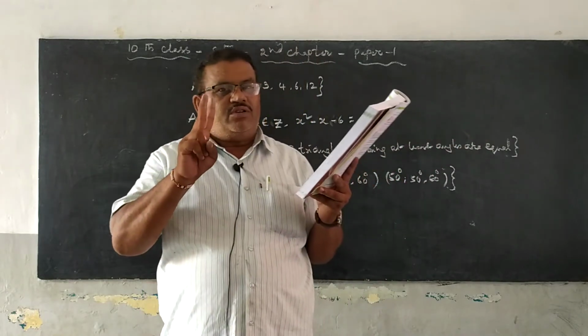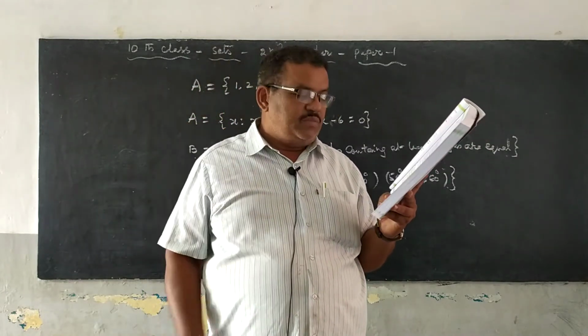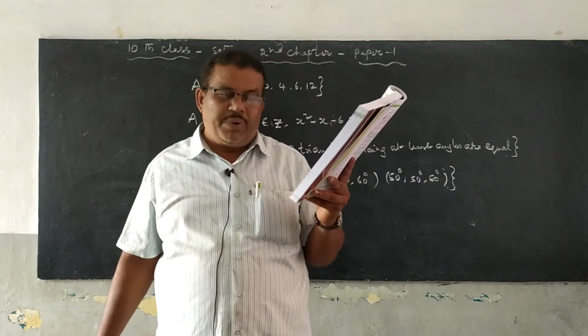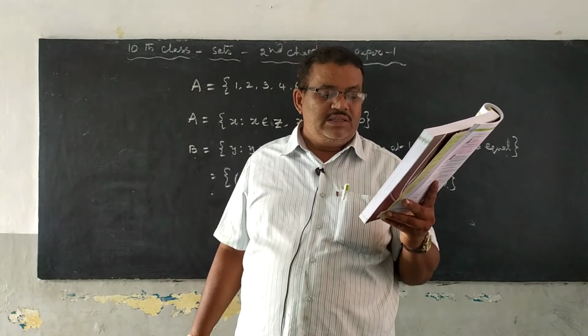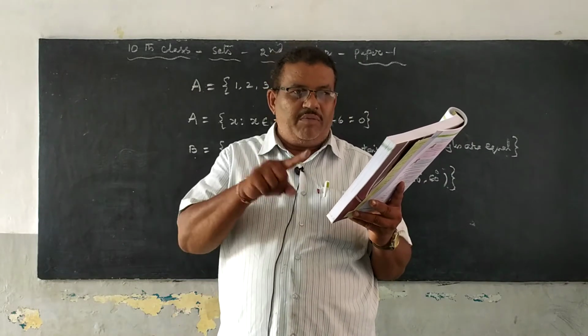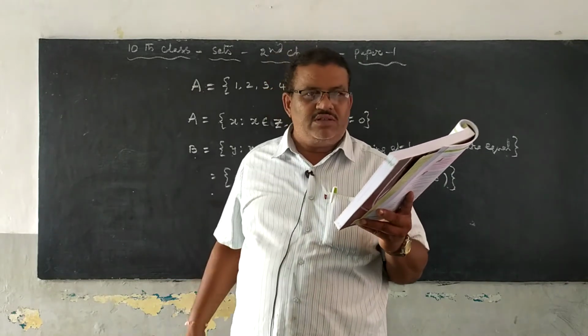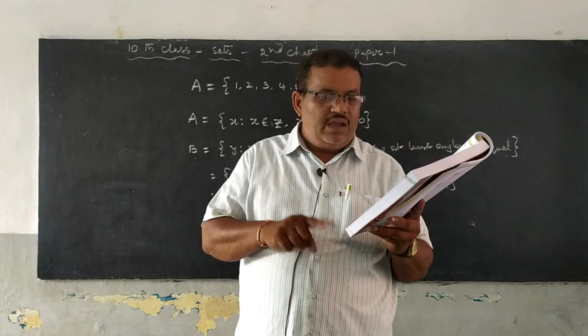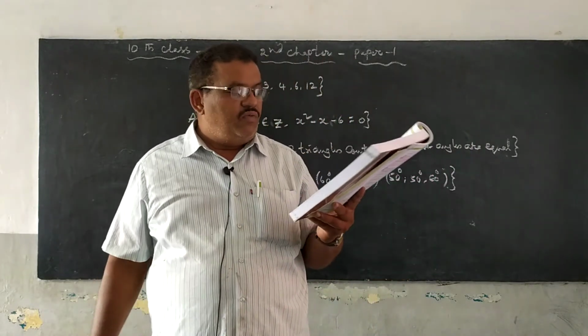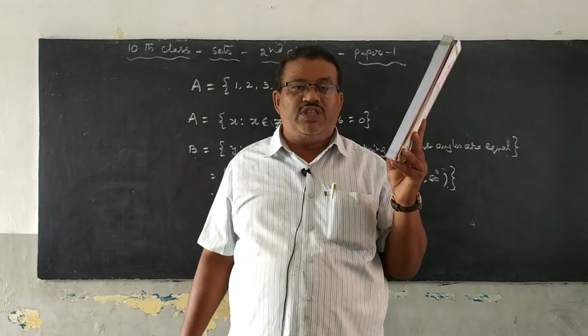In principal, if any letter comes two times, we write it only one time. The letters are P, R, I, N, C, then P coming again, I coming a second time, no need to write. P also second time, no need to write. A, L. So the first one is matched with D.